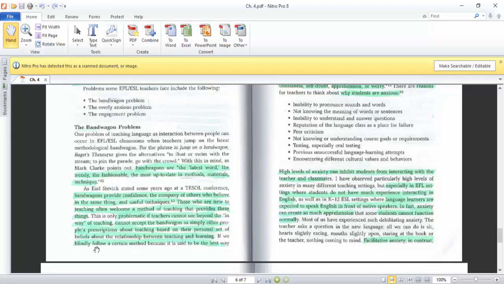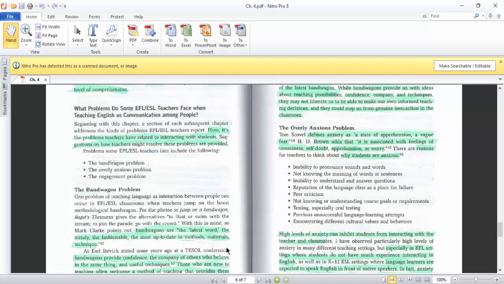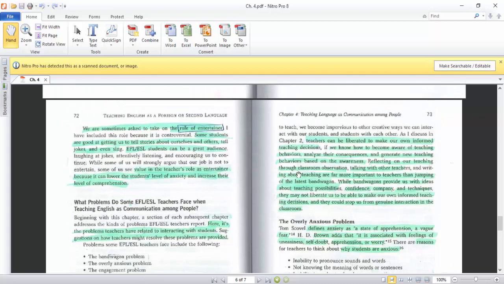If we blindly follow a certain method because it is said to be the best way to teach, we become impervious to other creative ways we can interact with our students and students with each other.